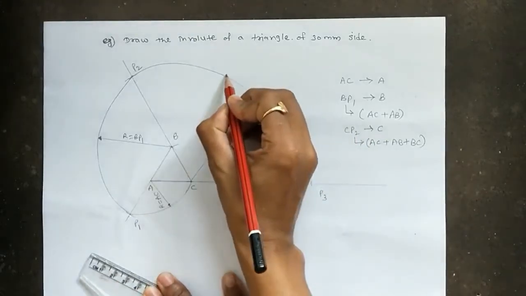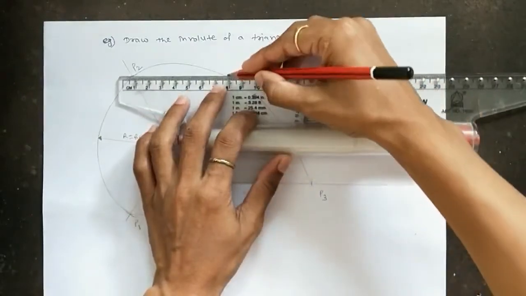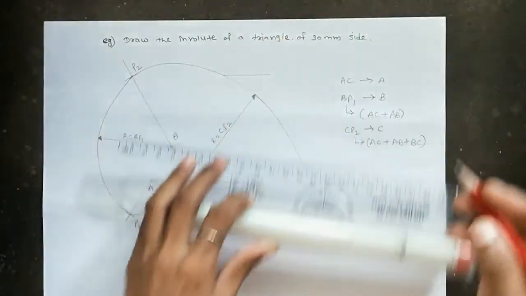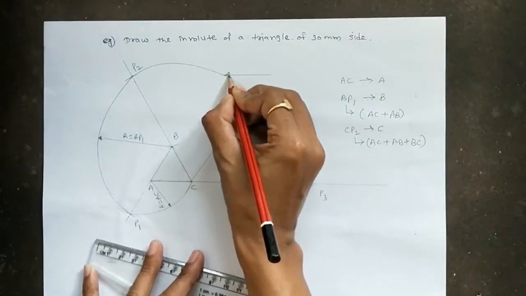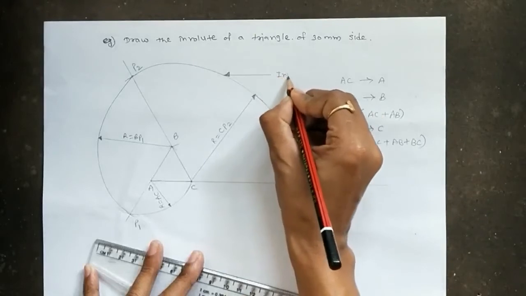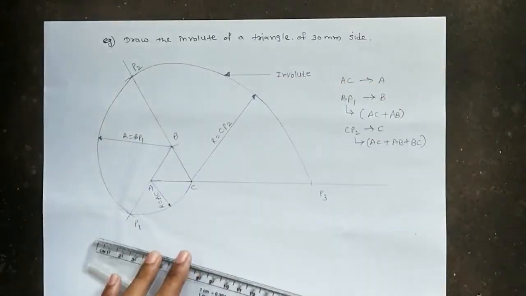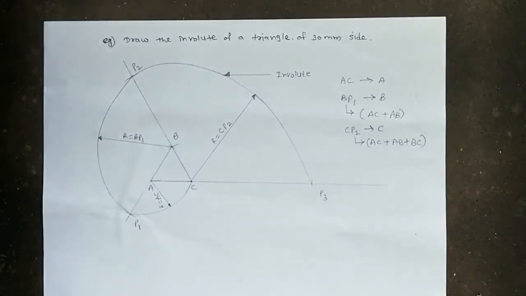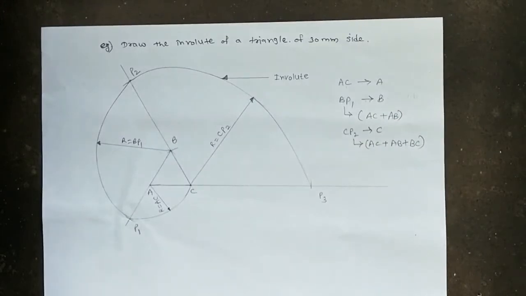And give name to this curve as involute. And in this way we have completed involute of a triangle.